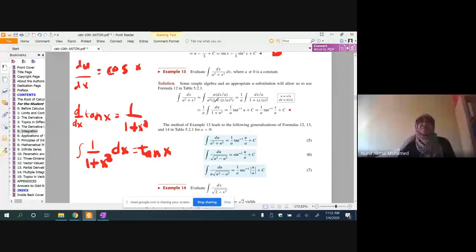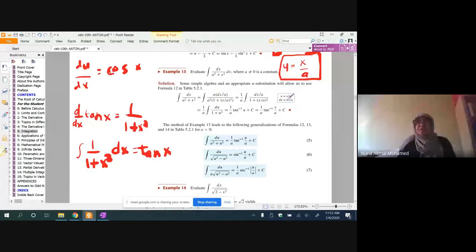So x divided by a here is defined by u. So your new function will be x divided by a. So that is your u. Your u will be x divided by a.